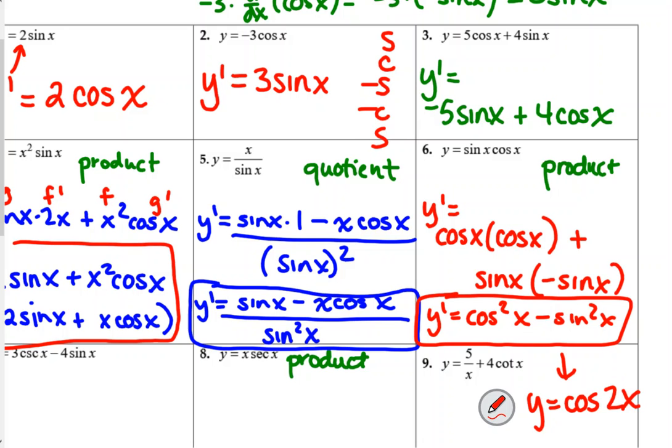Okay. Question? Oh, number 5. Could you write it as, for the cosine part, could you write it as cosine x squared? No. And I'm glad that you asked that. Because when you take x times cosine x, those are two separate things. It's kind of like taking x times the square root of x.